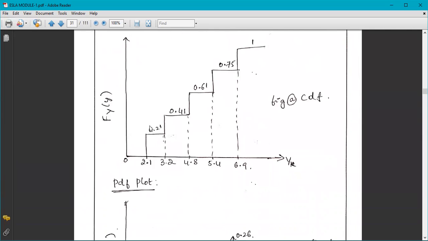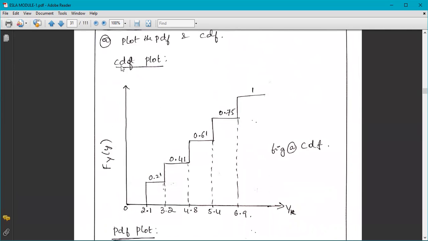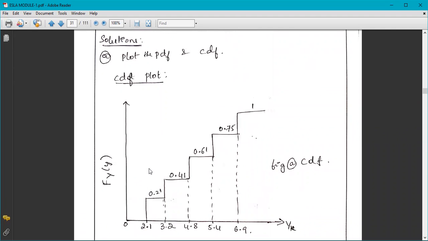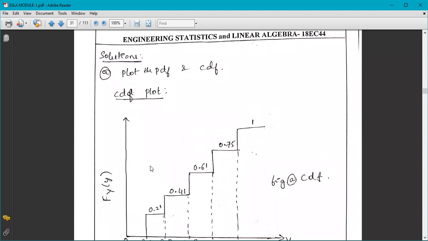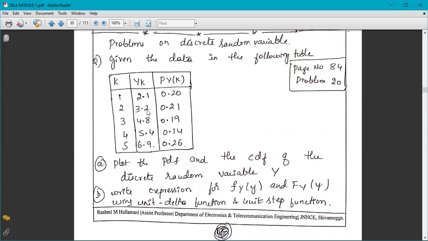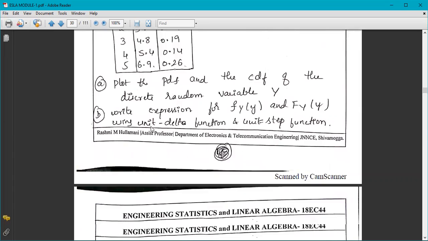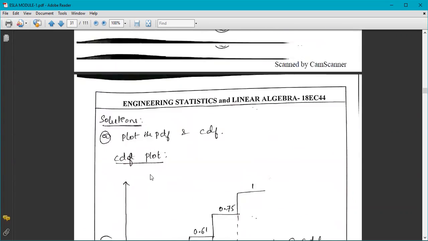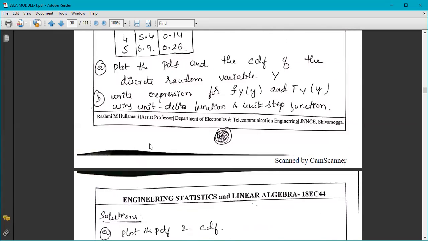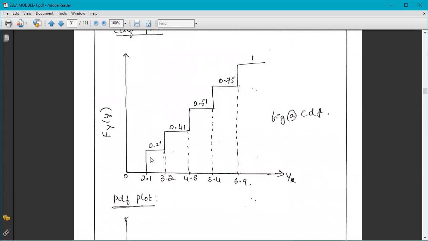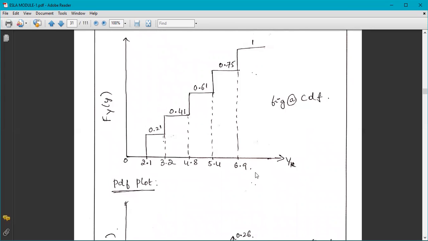First we have to plot the CDF. The values are given in the problem itself. The y_k values are 2.1, 3.2, 4.8, 5.4, 6.9, with probabilities 0.20, 0.21, 0.19, 0.14, 0.26.